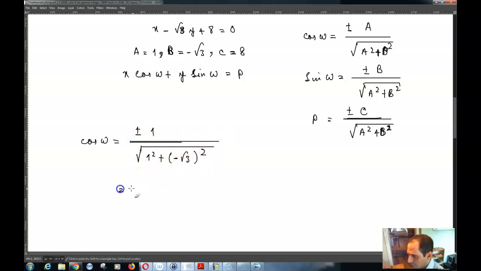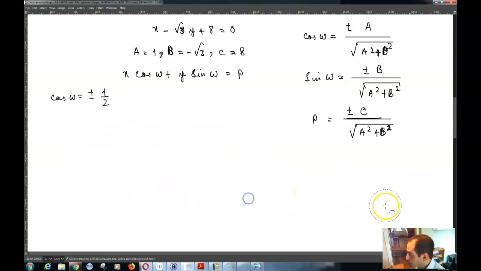Negative square root of 3 squared is equal to 3. 3 plus 1 is equal to 4. The square root of 4 is equal to 2. So your cos omega is equal to plus or minus 1 over 2.